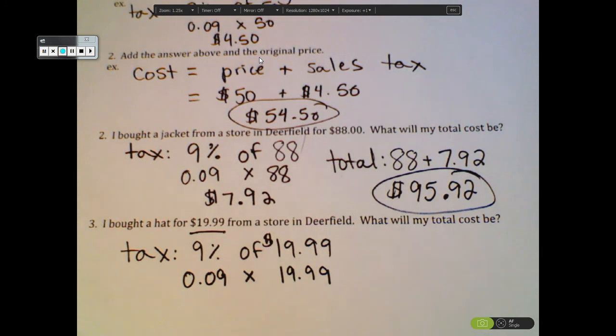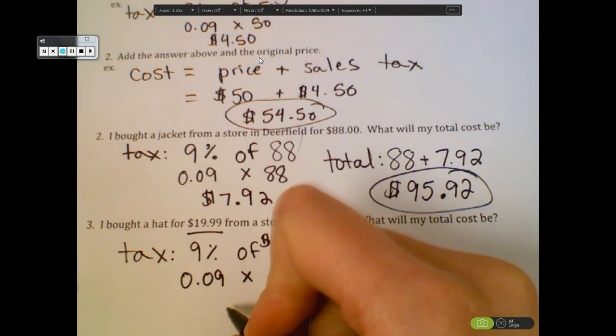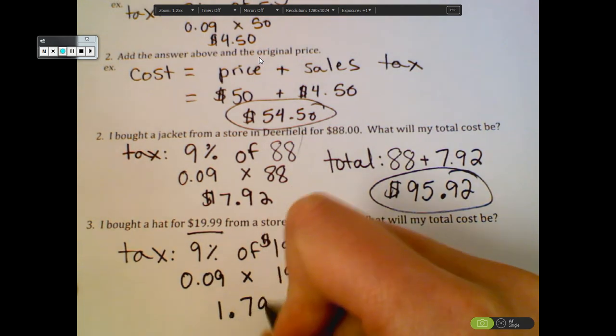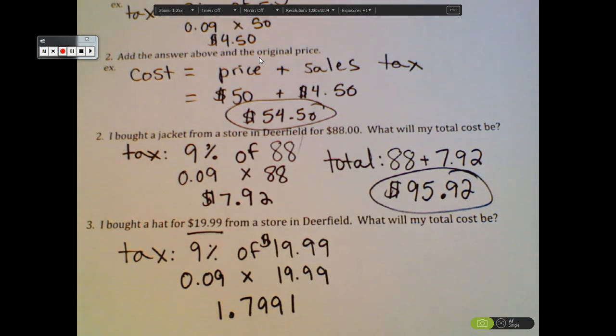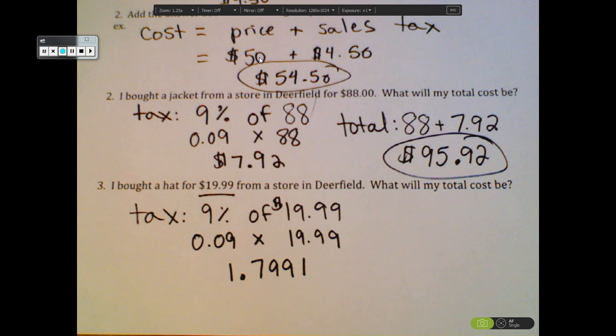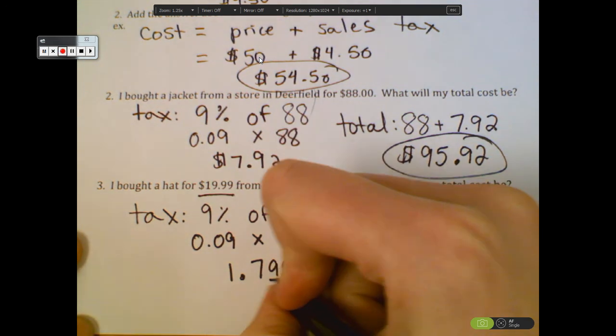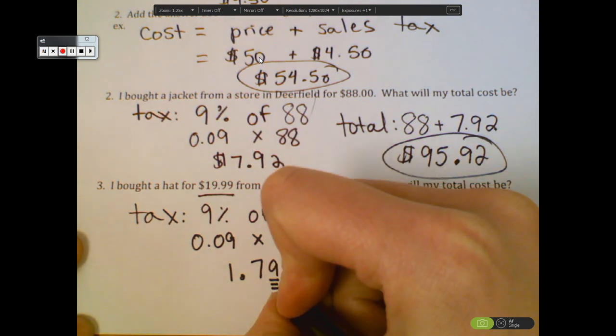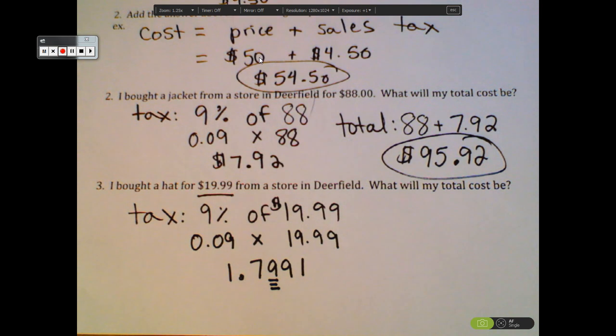Now, when we do this in our calculator or by hand, we come up with this crazy number, 1.7991. There's no way that the store can actually ask you for $1.7991 in tax, because our smallest amount is pennies, which would be in the hundredth spot right there.